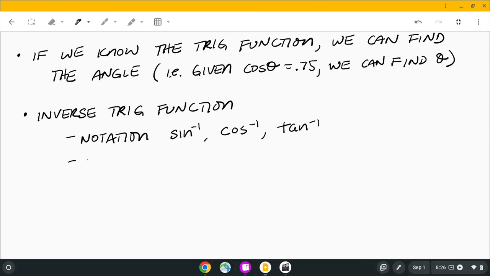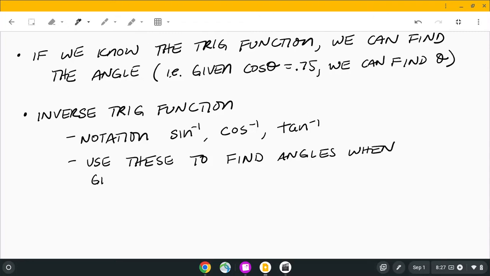So we are going to use these to find angles when given the trig function. Okay.